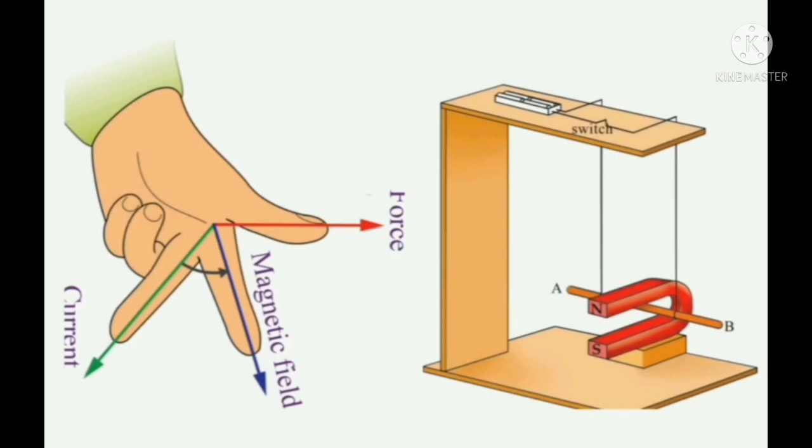Isn't the conductor moving in the direction indicated by the thumb? In this way, we can identify whether the conductor is moved into the coil or into the U magnet. In this way, we can identify the direction of motion of the conductor through Fleming's left hand rule.